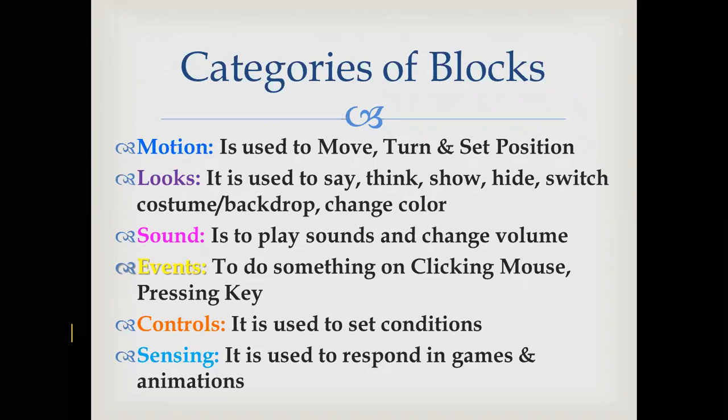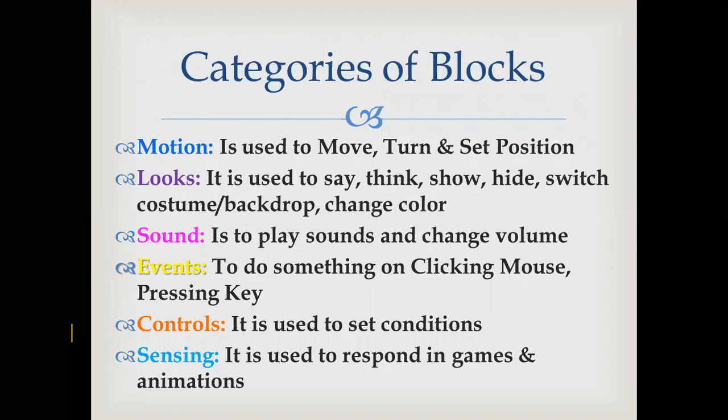Next is looks. If I want to change the appearance of the cat, change the costume of the cat, or change the background, all these changes I can make with the help of looks. Sound means if I want to play a sound or change the volume during the execution of the program or the story, then it can be done with the help of the sound block.